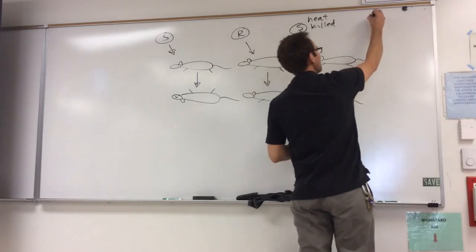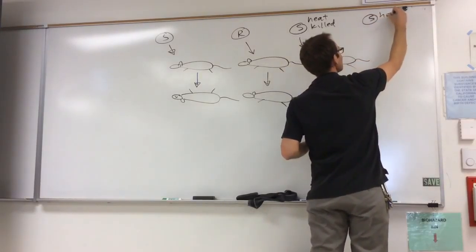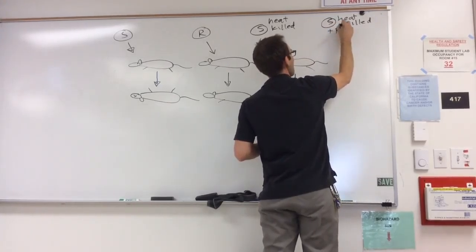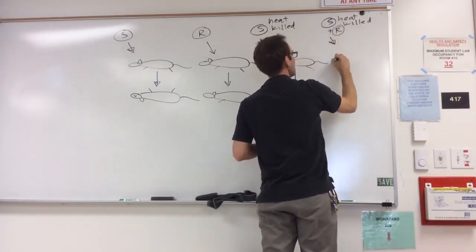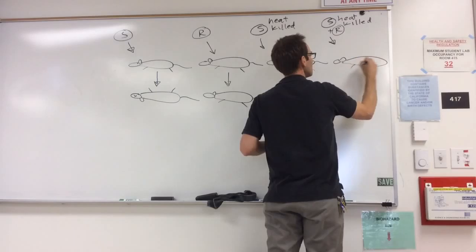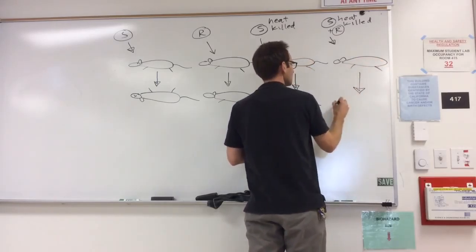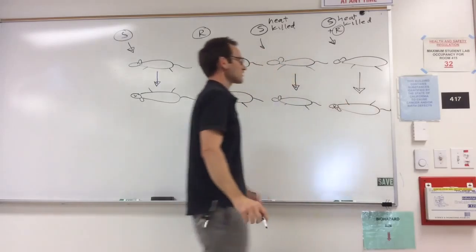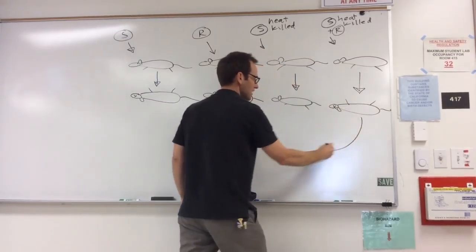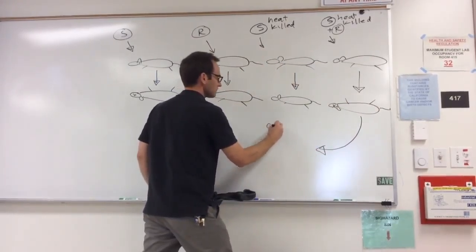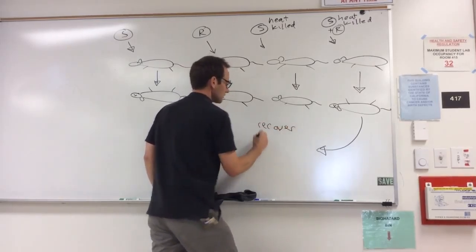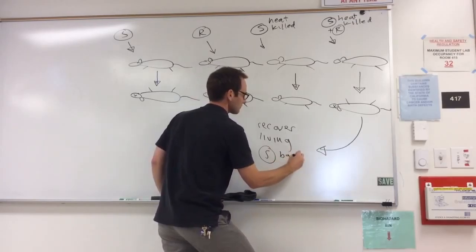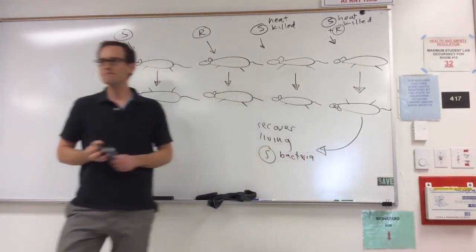So if we take the S that's heat killed, we mix it together with the R bacteria, the mouse dies, and from that dead mouse, you can recover living S bacteria. So take a moment.